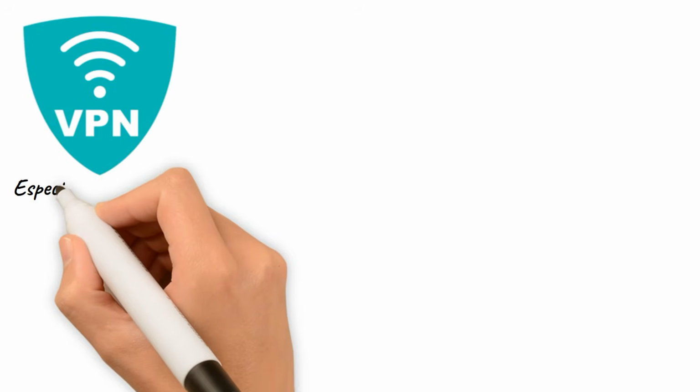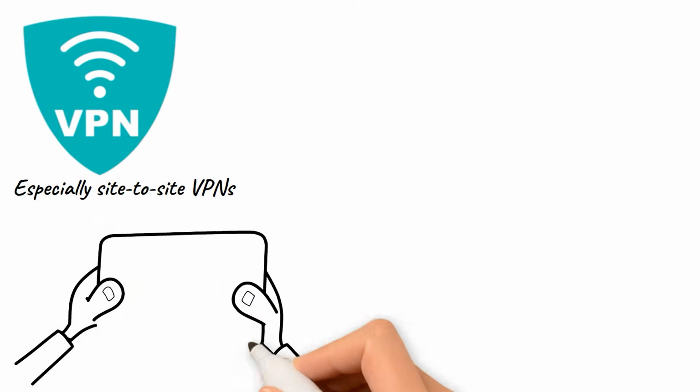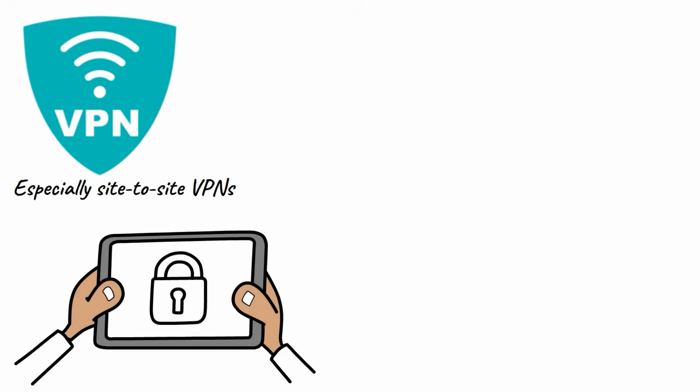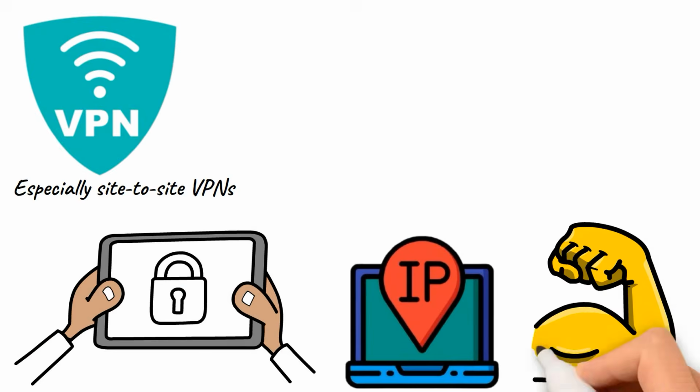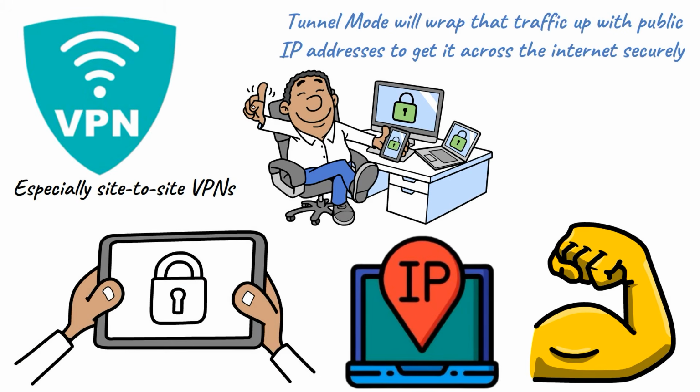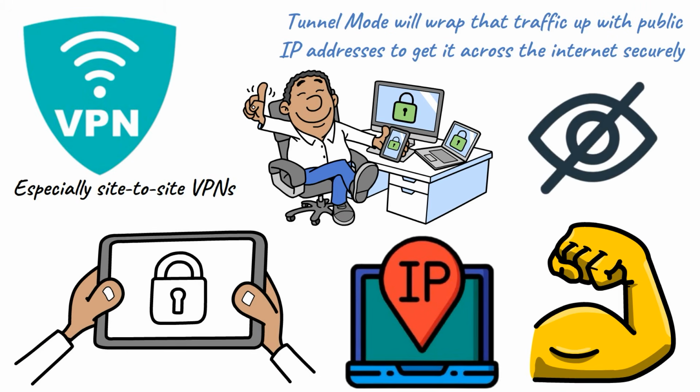Tunnel mode is the basis for most VPNs, especially site-to-site VPNs, encapsulating and encrypting the entire original IP packet and adding a completely new outer IP header so private internal addressing can be carried across the public internet securely with original source and destination hidden.